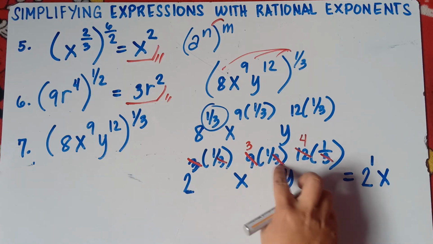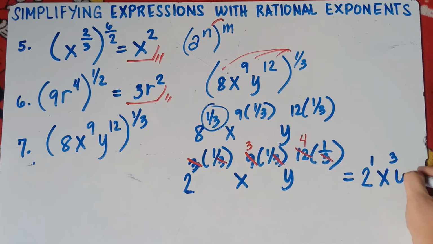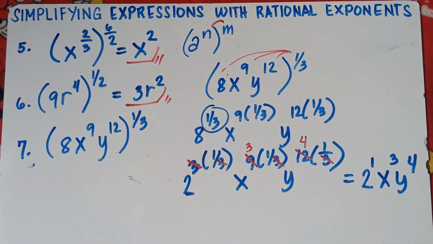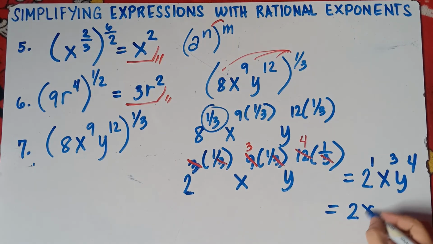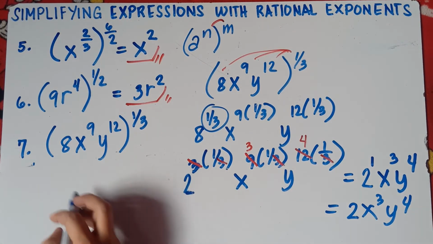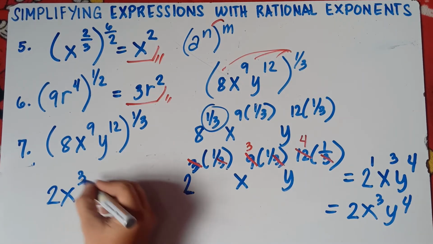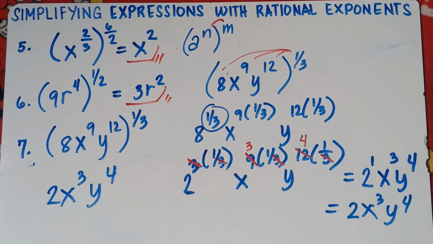So we cancel 9 and 3, the remaining is 3. Then y raised to the power of 4. That's it, class. This will be our final answer. So we can actually ignore 1, so there will be 2x cubed, y raised to the power of 4. And this will be our final answer, class. 2x cubed, y raised to the power of 4. That's it, class.